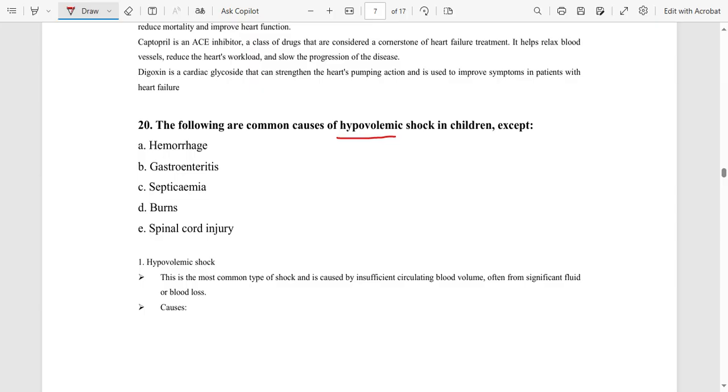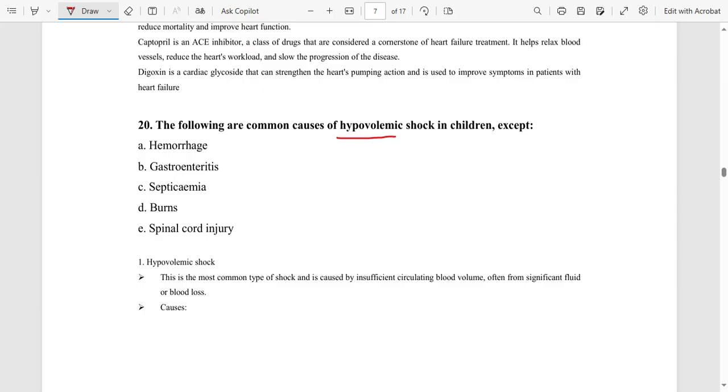I was just guessing though, but thinking maybe this one would cause septic shock, not hypovolemic shock. Yeah, I think that's a good one. Septic shock is a type of distributive shock instead of hypovolemic shock.